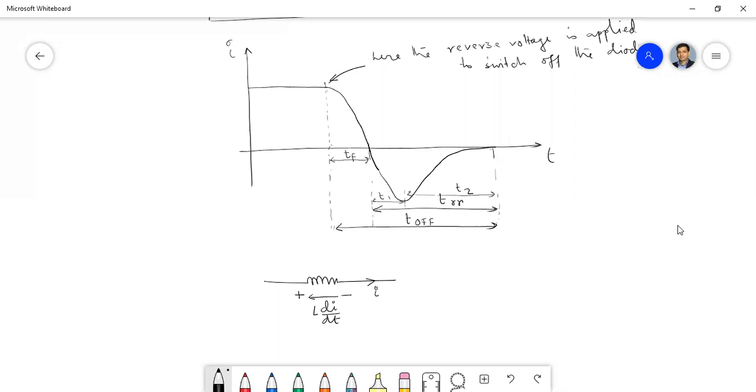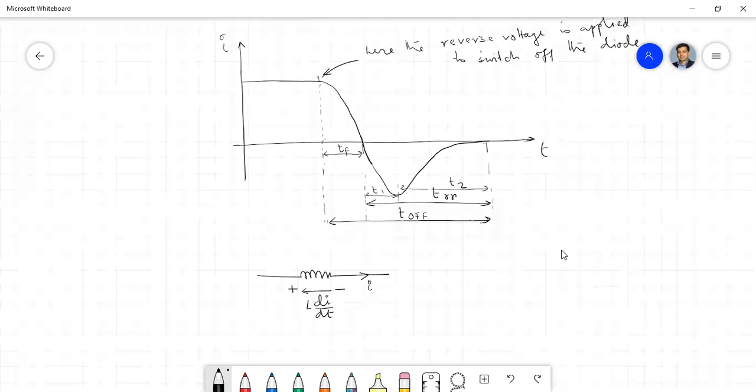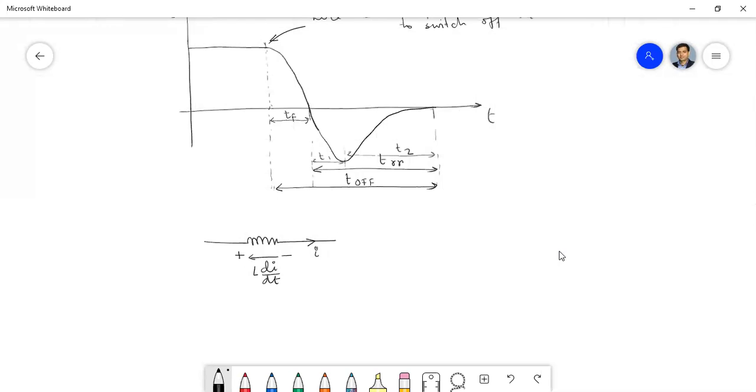Yes, sir. Now here we have three different situations. The first situation is where I have a forward current I, but the current is reducing.